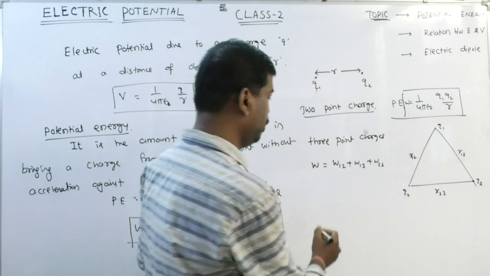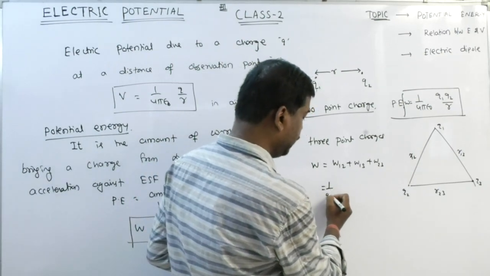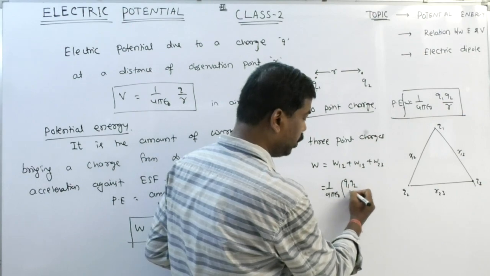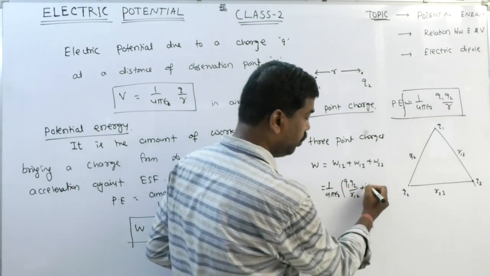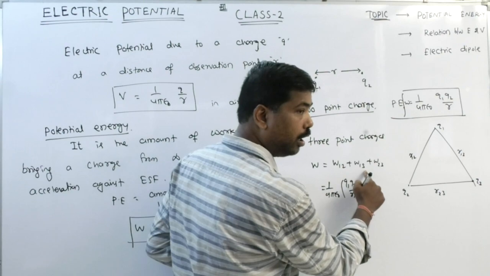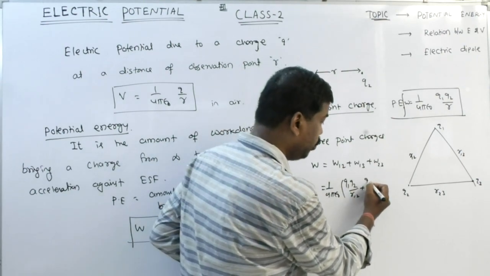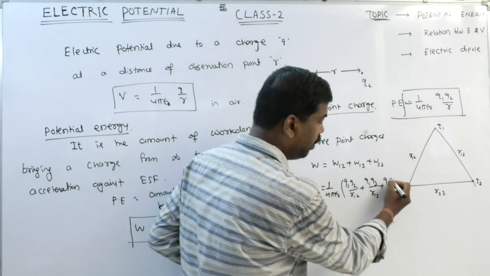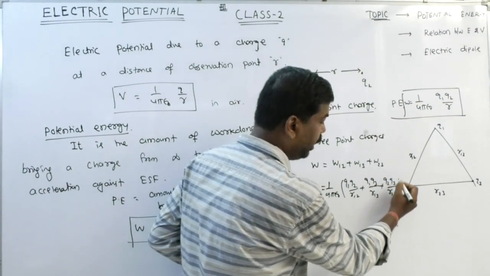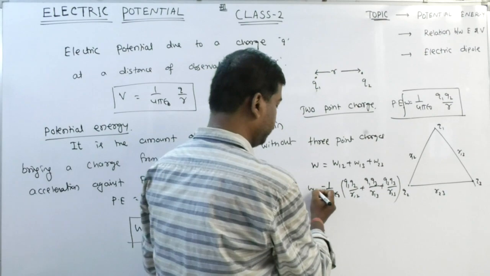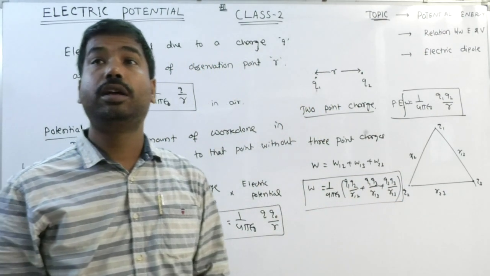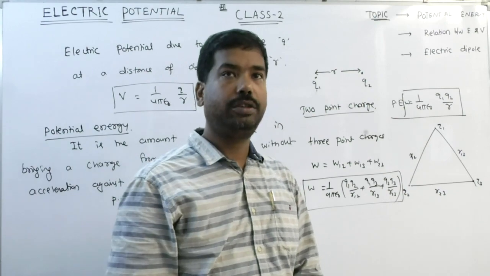Clear? I can write it for an air system as 1 by 4 pi epsilon 0 Q1 Q2 by R12, plus Q1 Q3 by R13, plus Q2 Q3 by R23. Clear? This is for a 3 particle system.